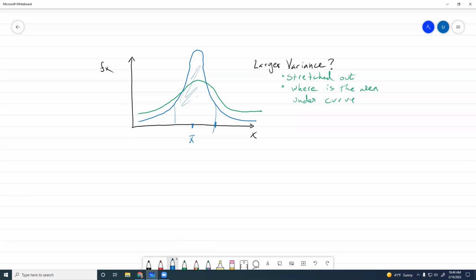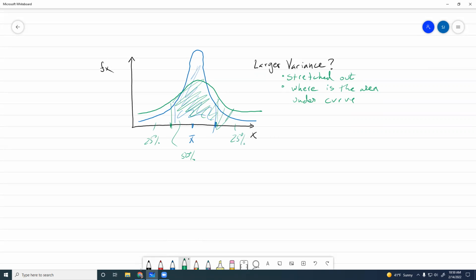I don't know what percentage of this is, but say it's like 80% is really close in. Versus if I look at that same metric over here, I've got much less percentage of area in that same range. So maybe there's like 50% there, and then we have 25% here and 25% here.